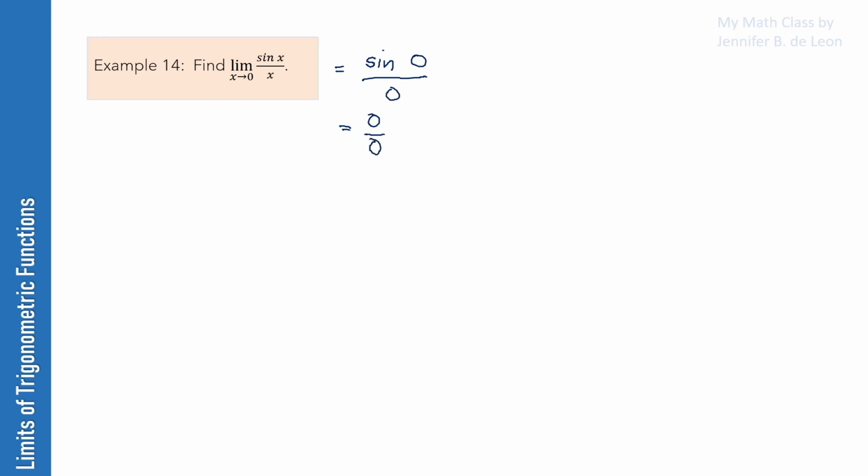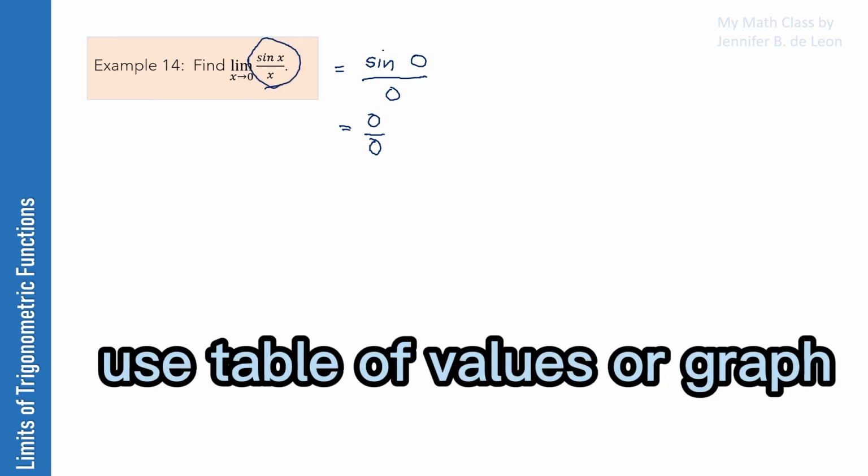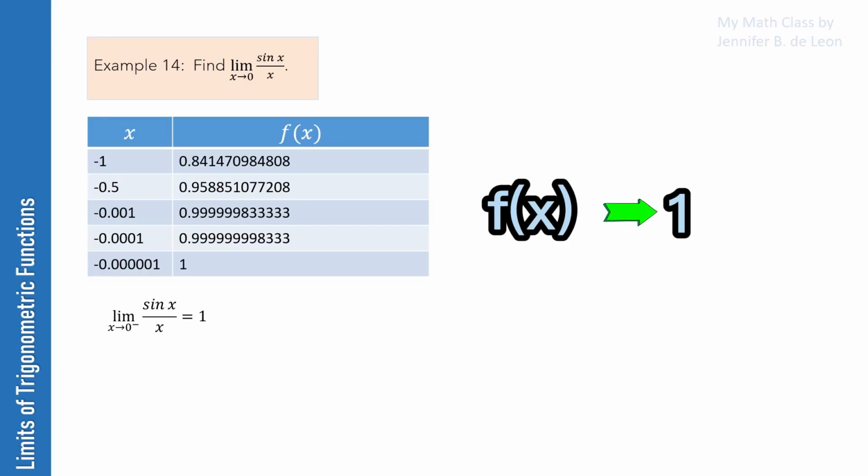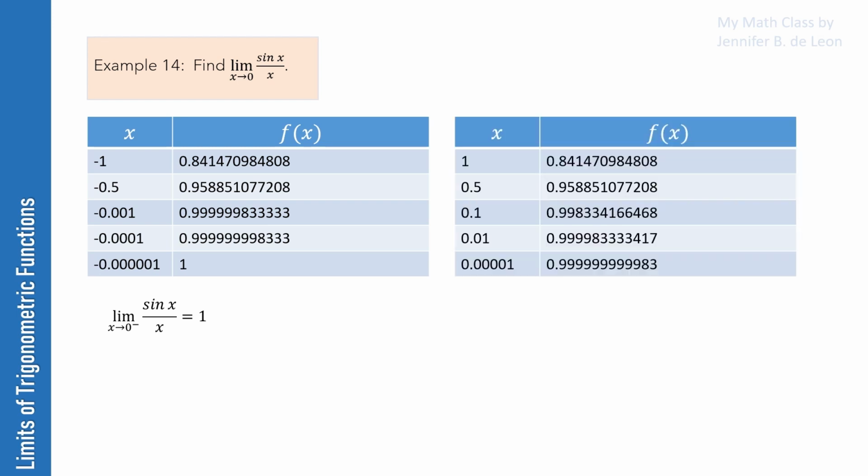In this case, we can use either graphing or a table of values in evaluating the limit of this function. Using a table of values, notice that as x approaches 0 from the left, the value of the function gets closer to 1. Hence, we can say the limit of sine x over x as x approaches 0 from the left is 1.